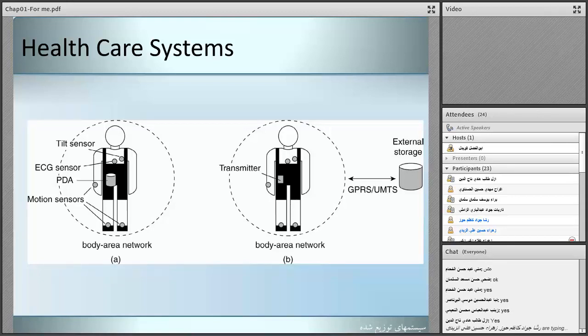How about other students? Good. So in healthcare systems, what is the main goal? Why do we use healthcare systems? What's the main goal of using such system?